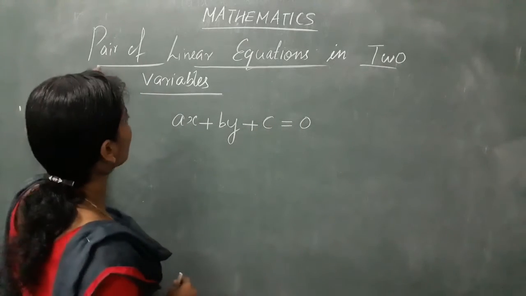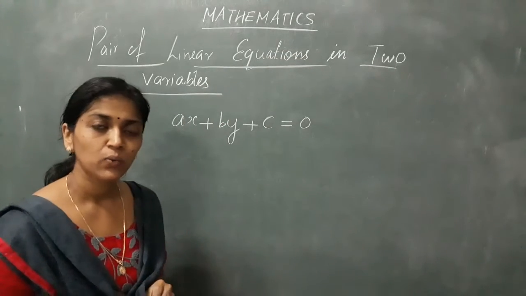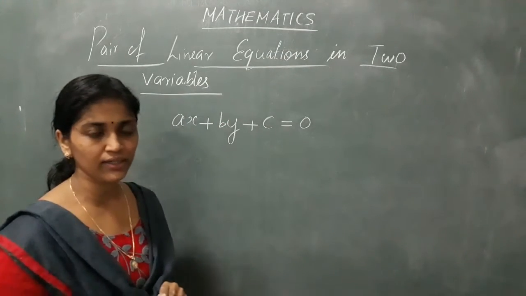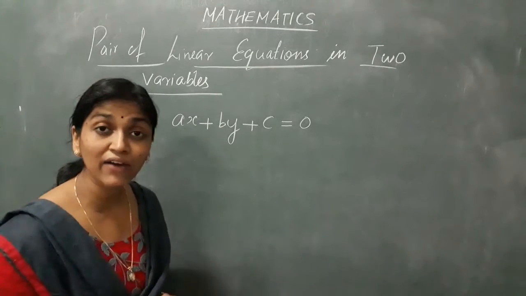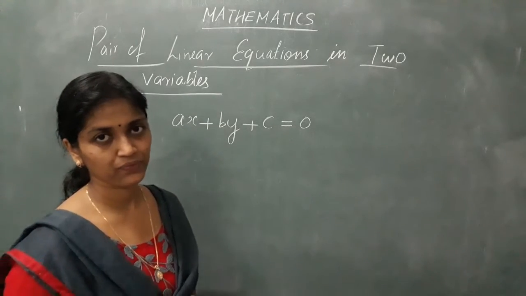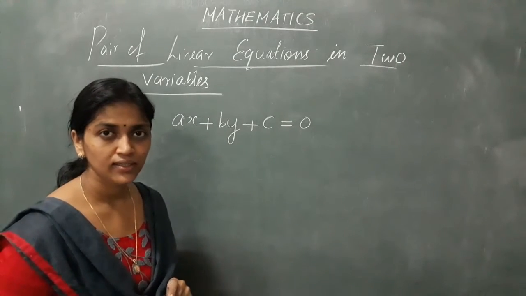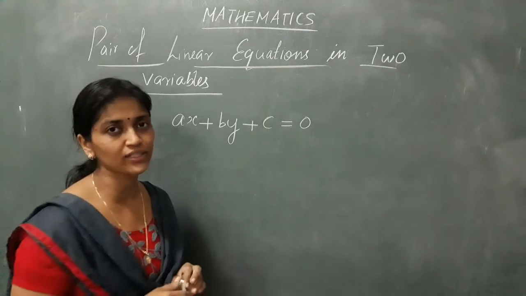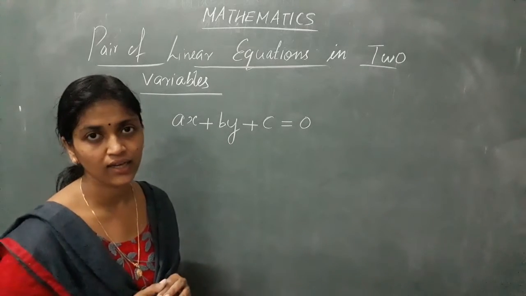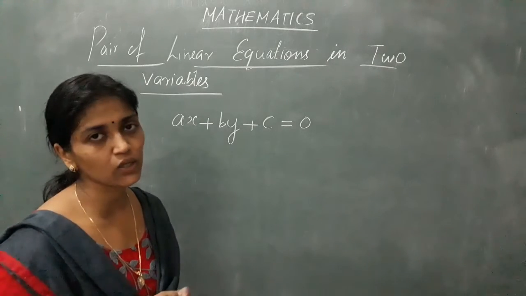From the name itself, linear equations in two variables. When we studied the chapter in 9th standard, I told you that there we will have two variables. And along with this general form, there was a condition. What was our condition? a and b are not both 0.